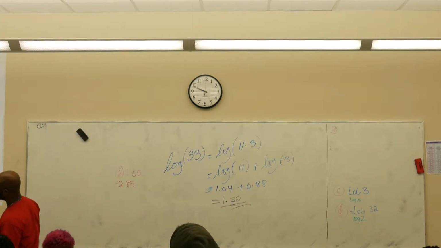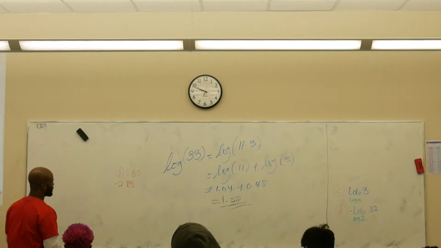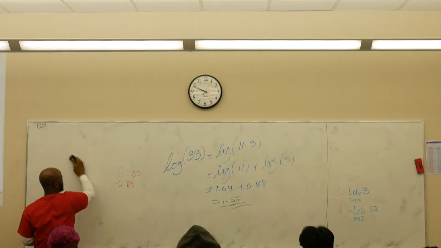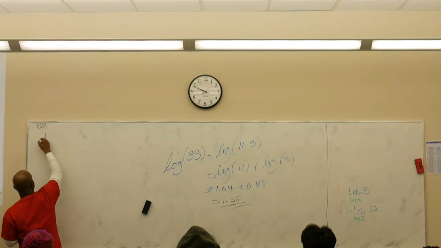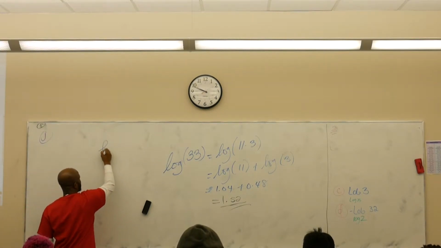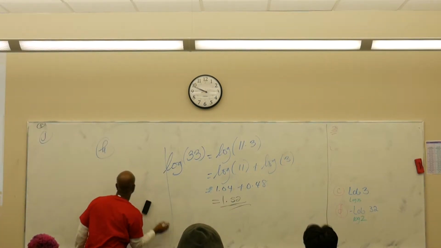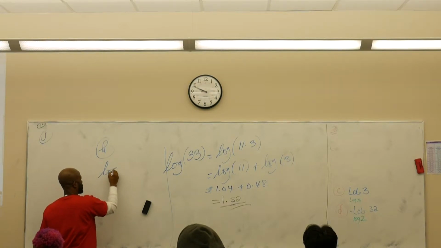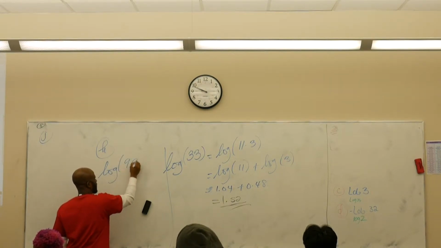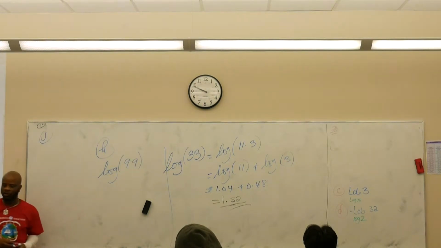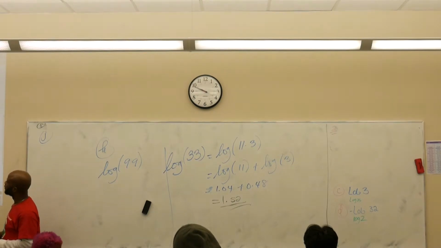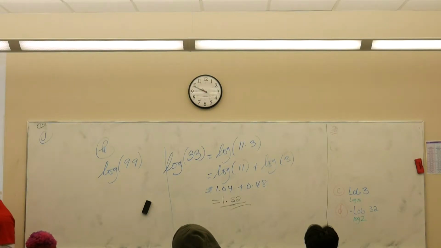Problem H is asking us for the log base 10 of 99. So again, we don't have 99 on the board, but we can break 99 into prime factors so that it has one of those prime factors in it.